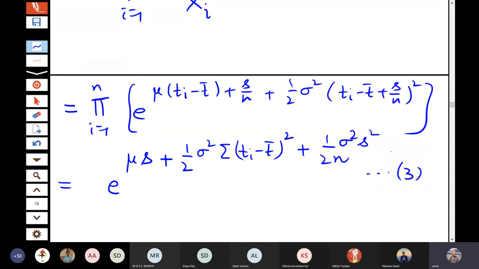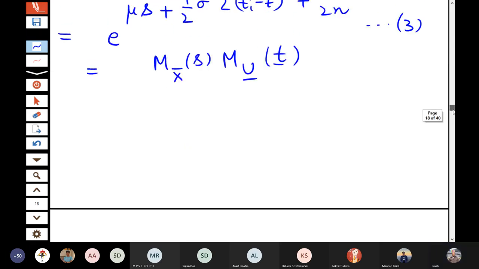So if you compare these 1, 2 and 3, then you get it as the direct product of M x bar at s and M u at t. So this proves that the distributions of x bar and u are independent.